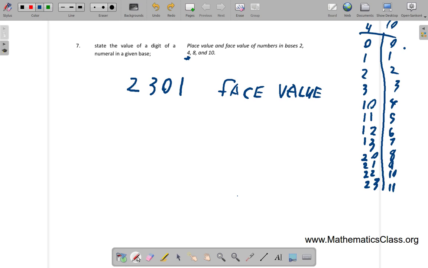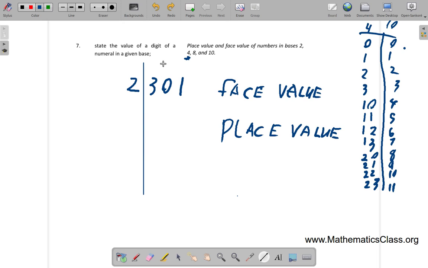Now what we want to look at next is the place value. Since we are dealing with base 4 and we haven't really touched it in the past, let us not try to deal with this without a table.